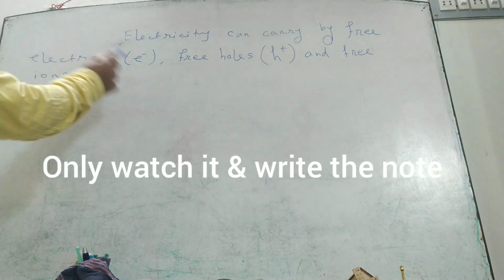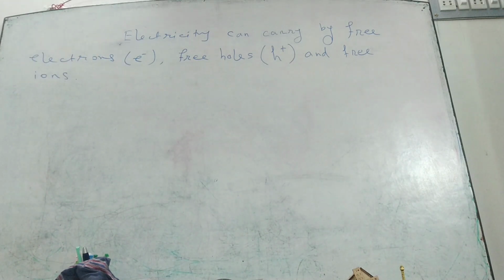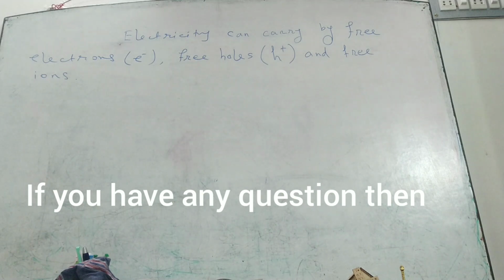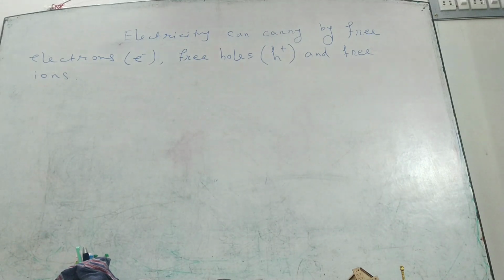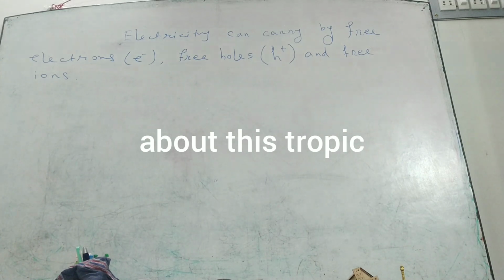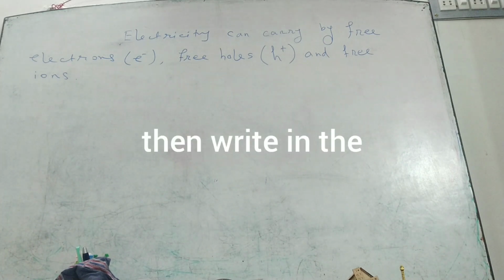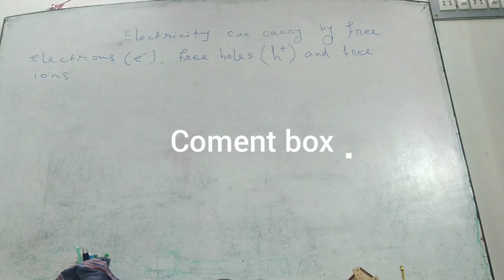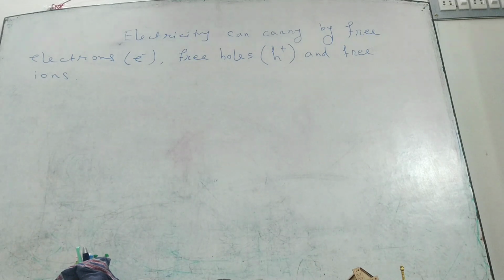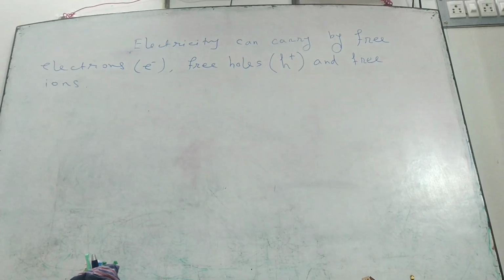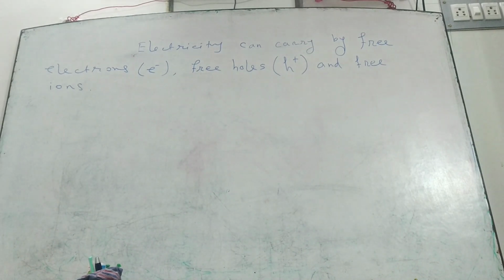Free electrons exist in metals, free holes exist in semiconductors, and free electrons also exist in semiconductors, and free ions exist in electrolyte materials like molten NaCl, etc., aqueous acid H2SO4, aqueous solution of HCl, etc. They can carry electricity and they move from higher potential to lower potential.